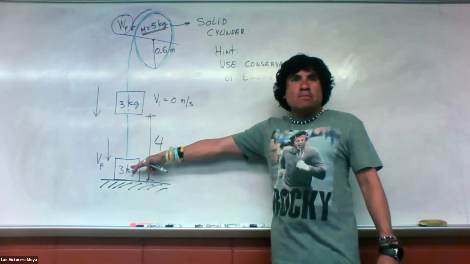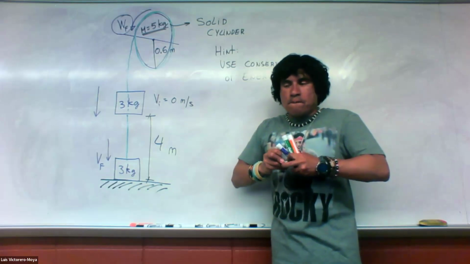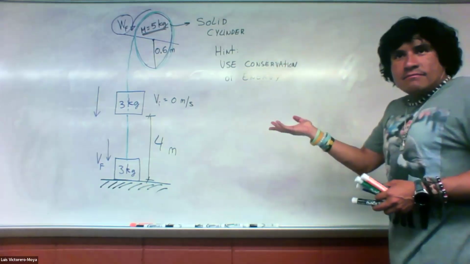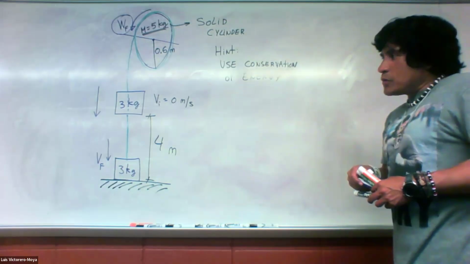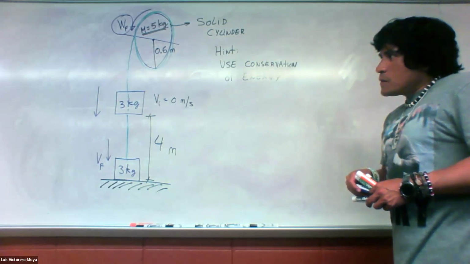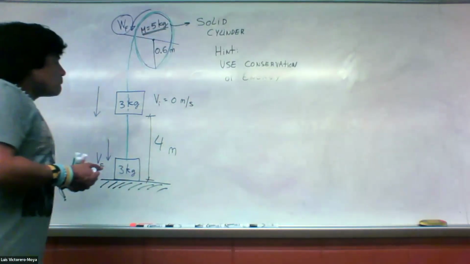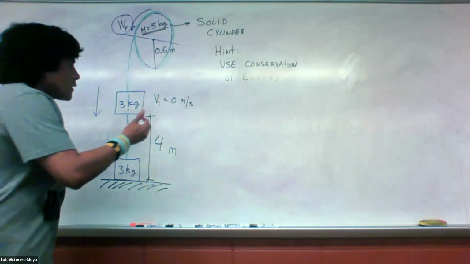How do you find the final speed of the mass? You have the height. So what do you use? V initial squared plus 2a times the height? Or no?